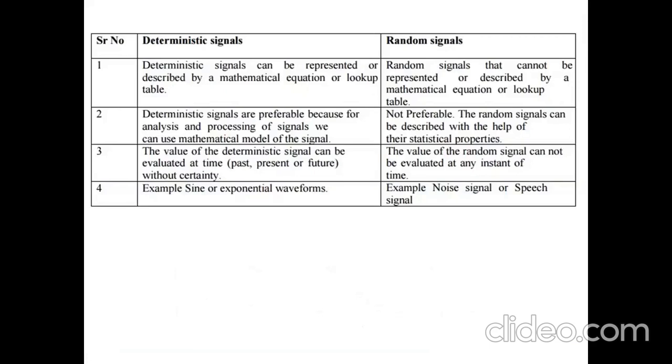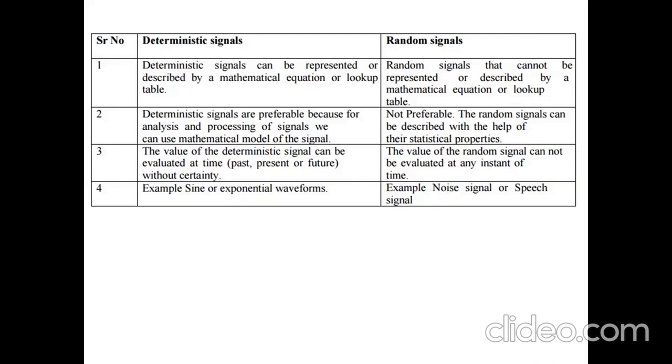Now we see the comparison. A deterministic signal can be represented or described by a mathematical expression or lookup table. A random signal cannot be represented or described by any mathematical equation or any lookup table.